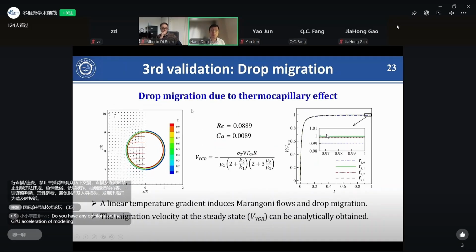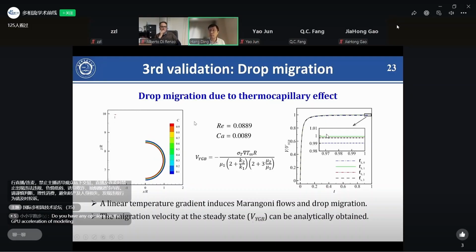Another problem is the droplet migration due to the thermocapillarity effect. This droplet is placed in a linear temperature gradient. Because the surface tension is a function of the temperature, it will cause the Marangoni flows and make the droplet migrate upwards here.